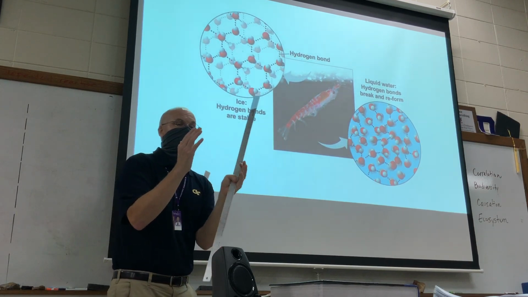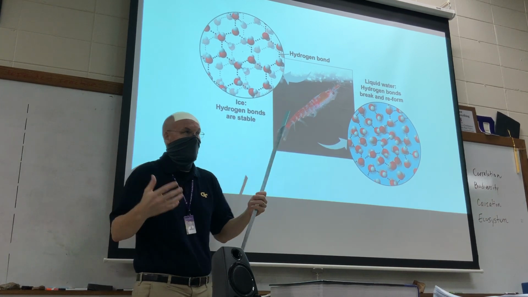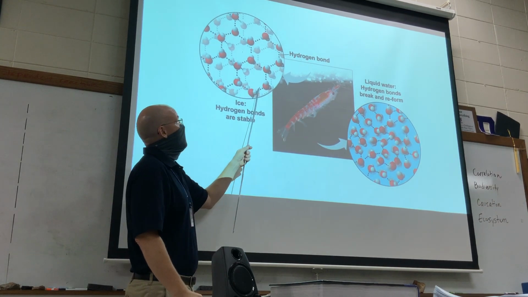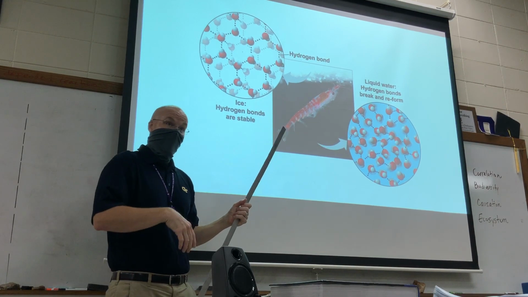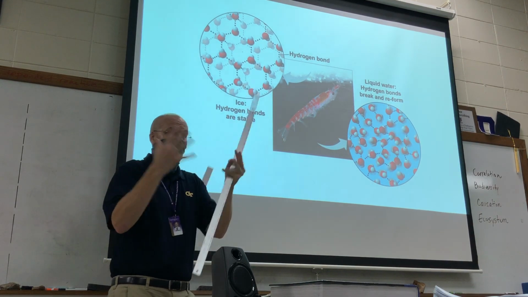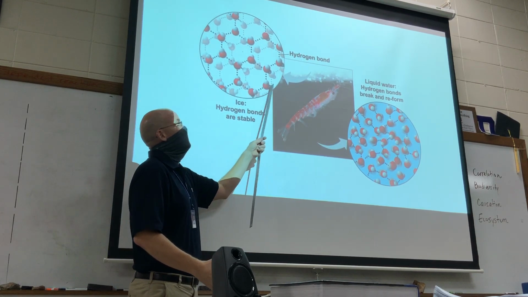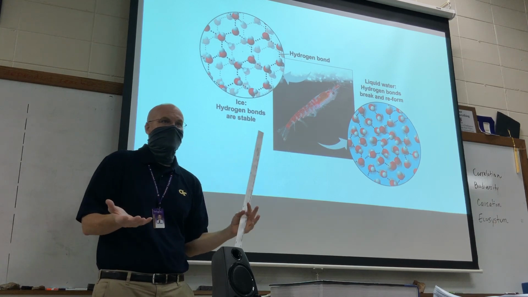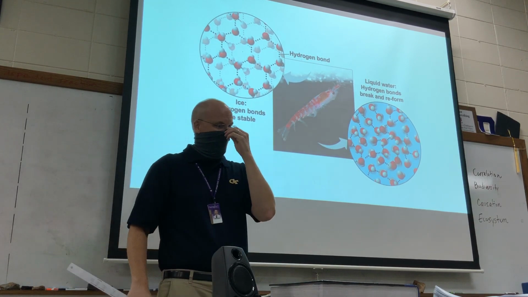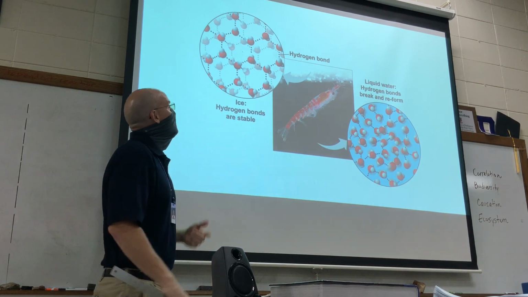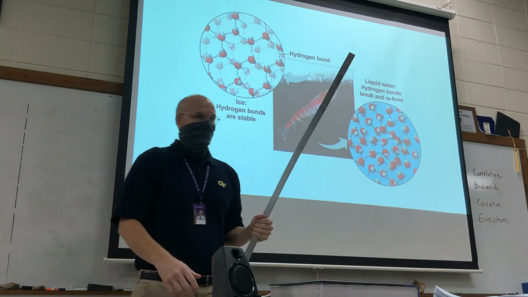So water molecules will arrange themselves in shapes like hexagons, and it's still hydrogen bonds that are causing them to be attracted to one another. And because of those hydrogen bonds and all the forces that are being exhibited, they take on this very interesting geometry. Ice 1H. Ask for it at a restaurant, specifically.